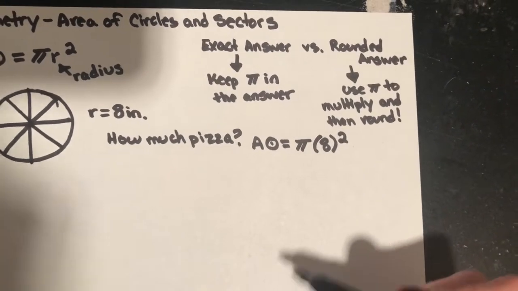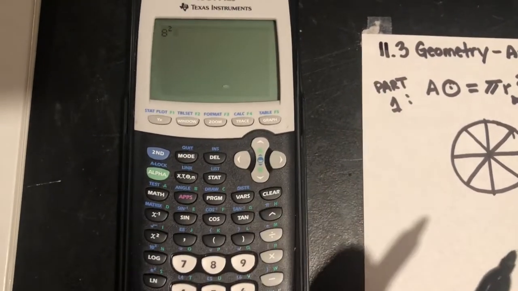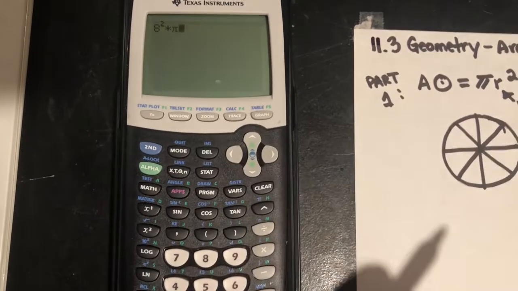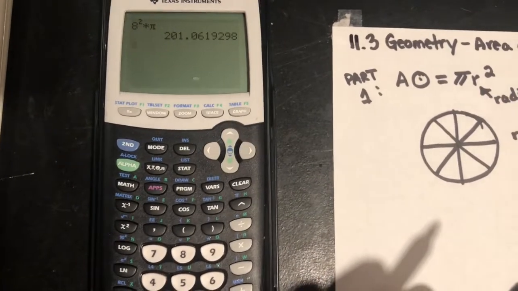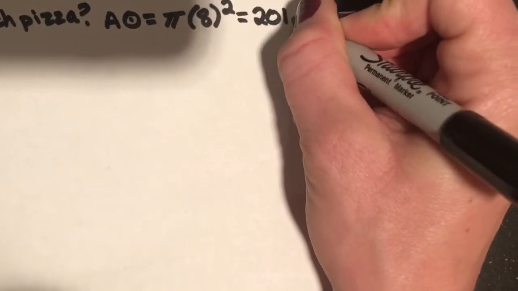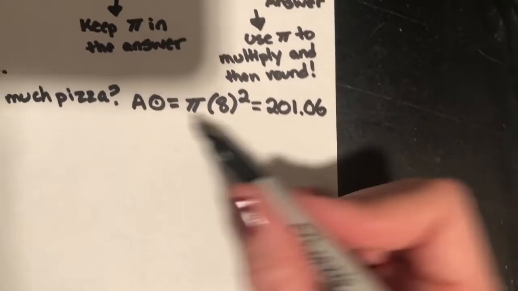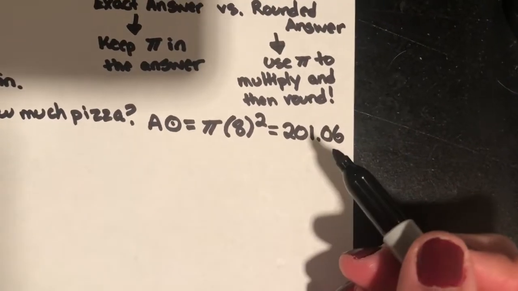If I wanted a rounded answer, I would come over here to my calculator and I would say 8 squared times pi, and I would get an answer of 201.06.